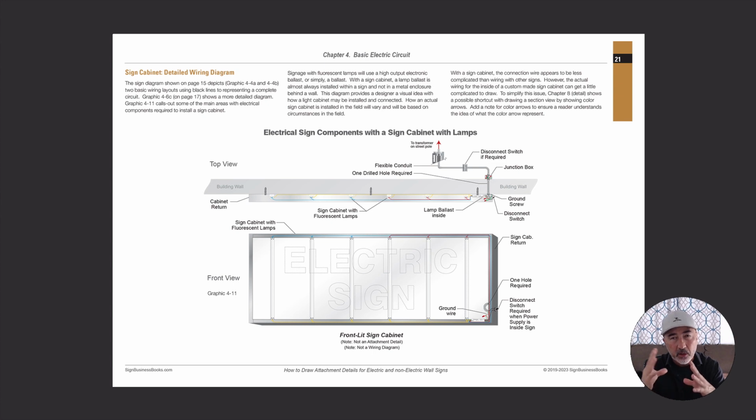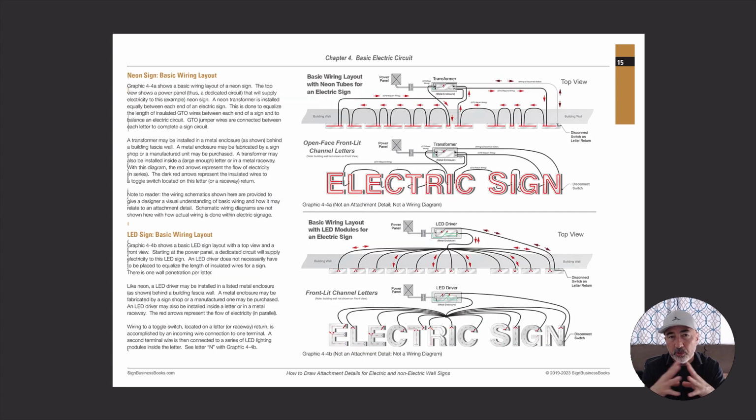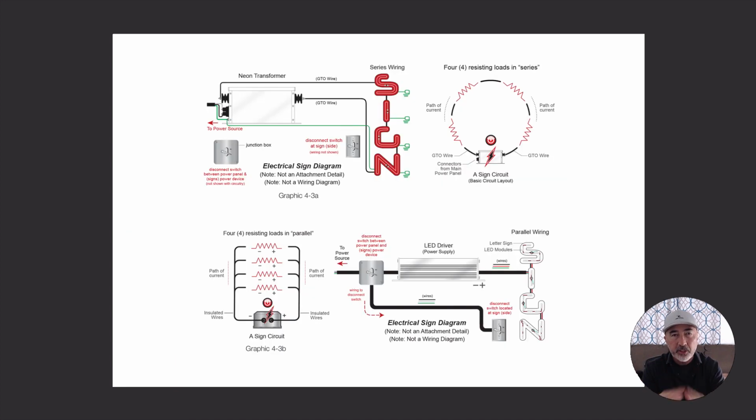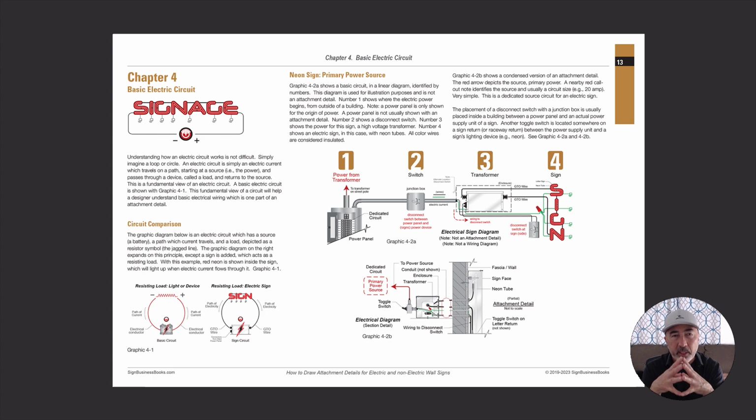Fluorescent lamps are also mentioned in this chapter. It should be noted a designer will usually never have to draw any of the diagrams in this chapter, but they should have a general idea of how electric signs are wired so they are not left in the dark about this subject. And just a quick note, this chapter is the longest chapter between chapters 1 and 5.